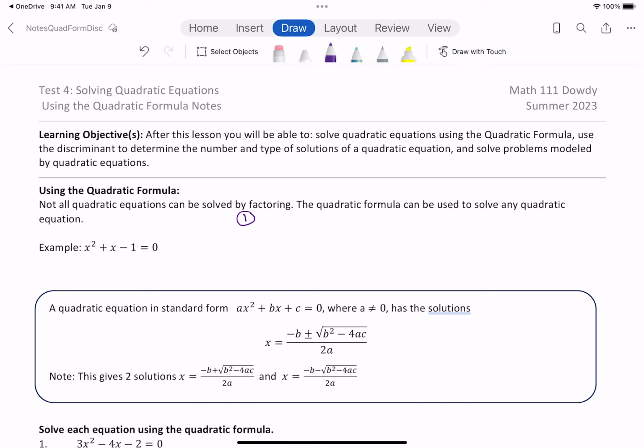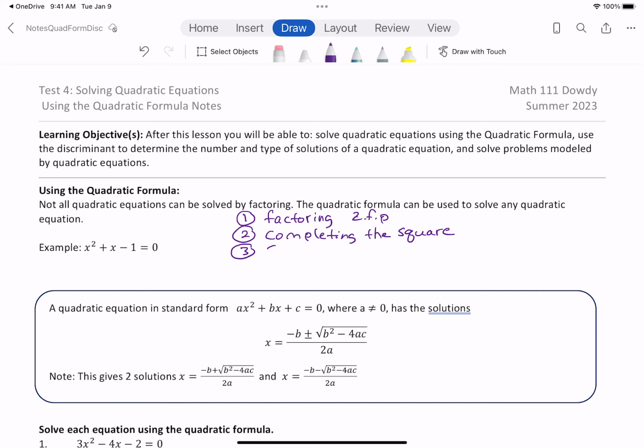So far we've learned a few different ways to solve quadratics. We've learned how to solve by factoring and using the zero factor property. Or sometimes, like the one we're going to look at next, the quadratic equation will not factor, so you can't use that method. We've also learned completing the square. And while that will work, it doesn't take very much for completing the square to become difficult and very involved.